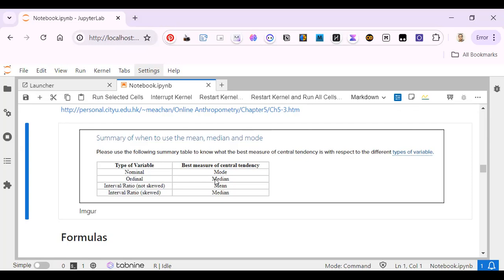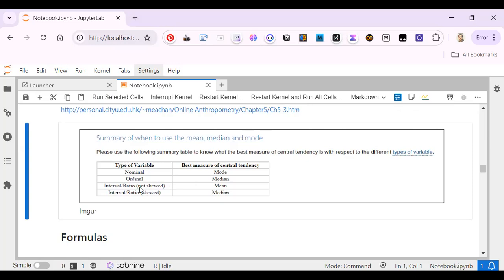For example, you can take the rank of people. Then I have to look at where most of the people are, in the middle. Because we know there is the topmost and the last, and most of the people are in between. But ultimately, the median indicates the best measure of central tendency.